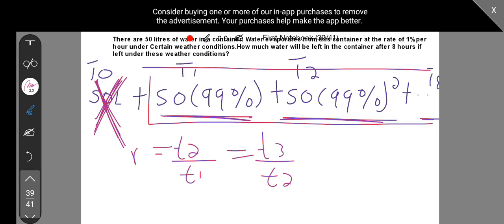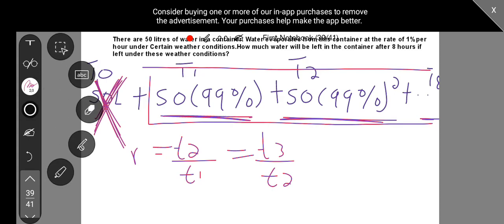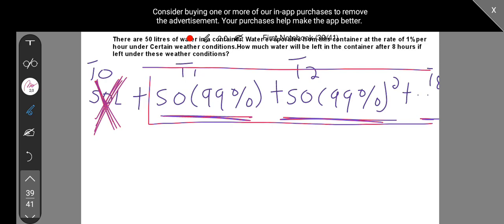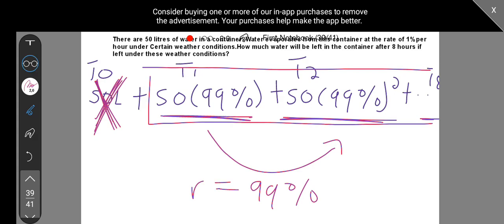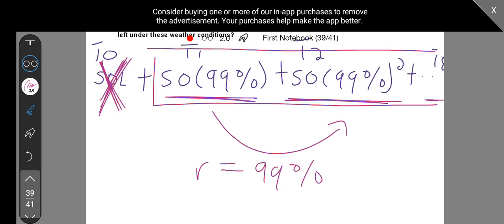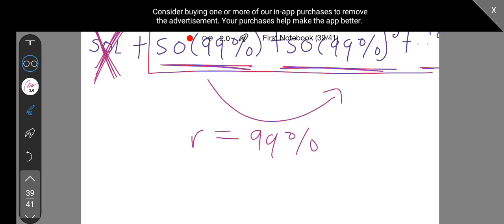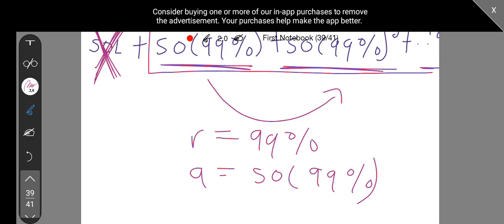So to move from this one to this one, we multiplied by 99%. So our ratio is equal to 99%. And what is the value of a? The value of a is T1, which is 50 times 99%. And we are going to calculate T8, which is what will be left after the 8th hour.